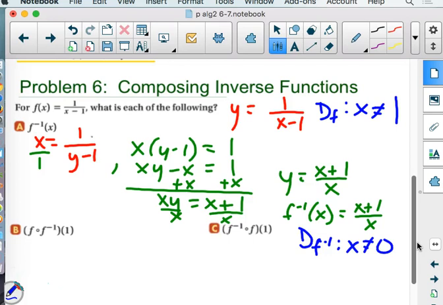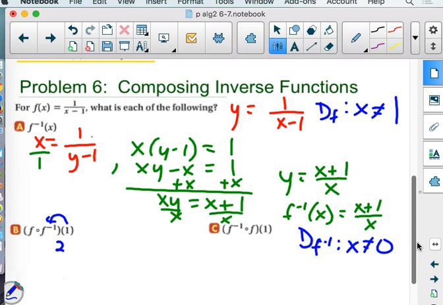Let's put a 1 in here. 1 plus 1 would give us 2. 2 over 1 would give us 2. So doing this, we got a 2. Now what do we have to do with that? We already put it in f inverse. Put it in f. All right, let's go up here. Can we put a 2 into this formula?